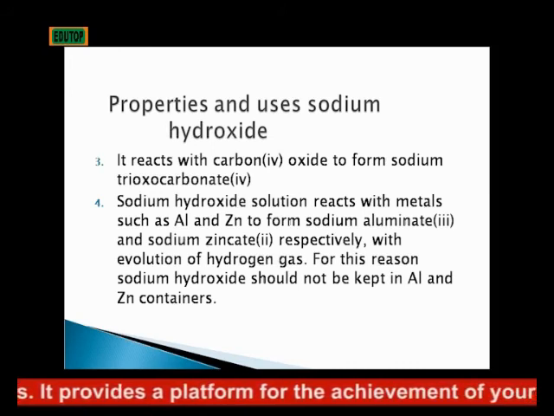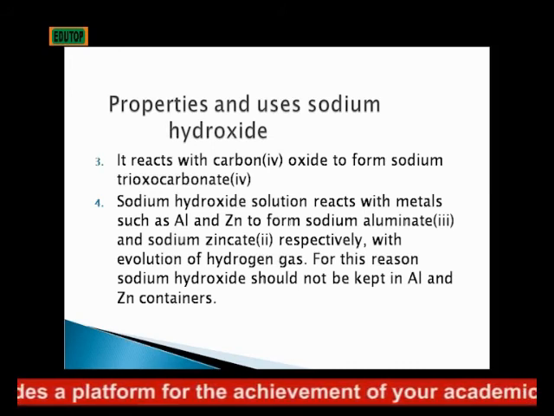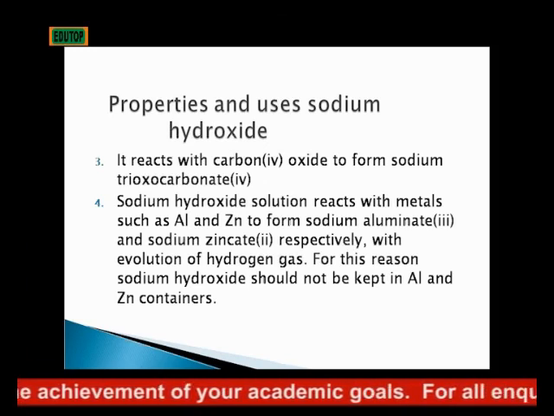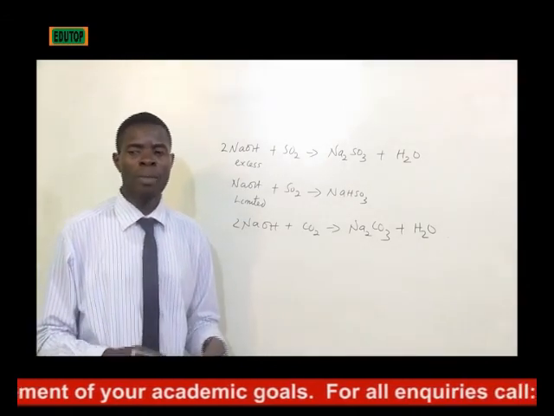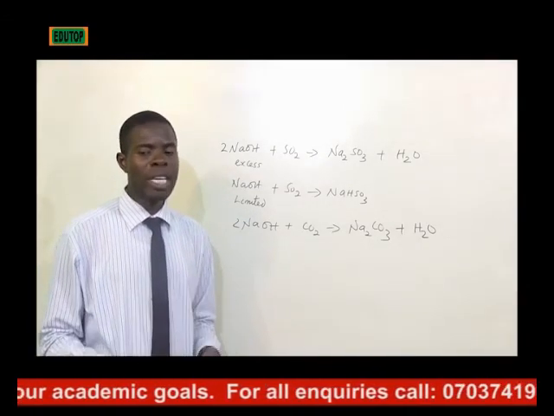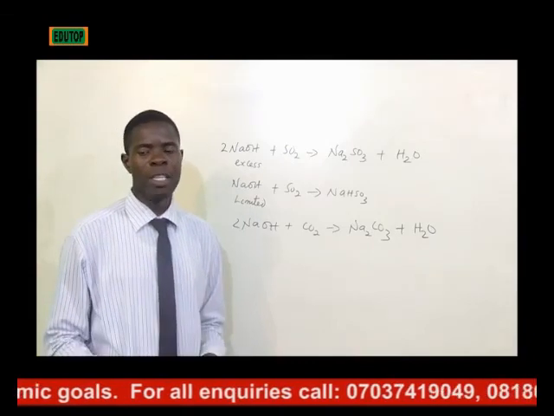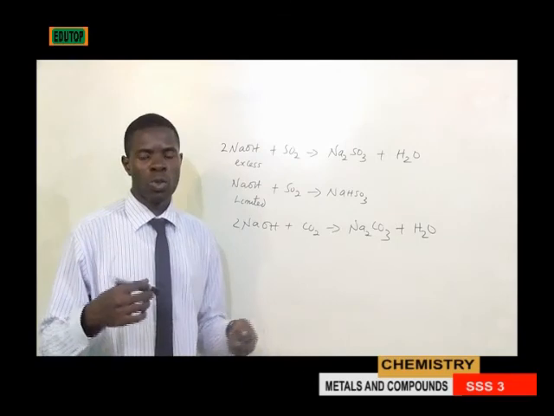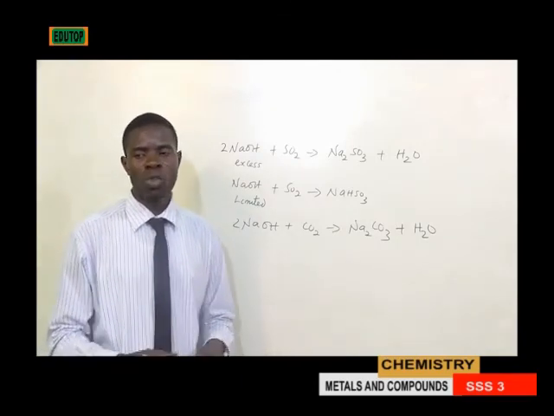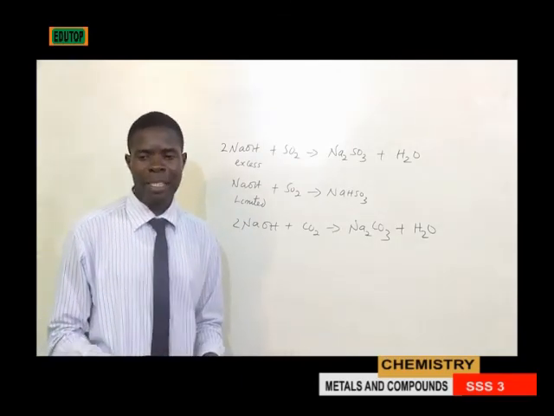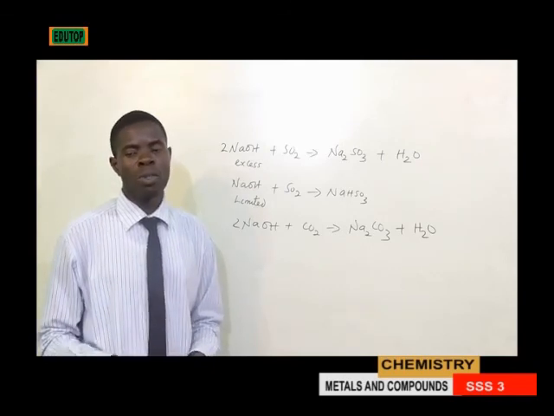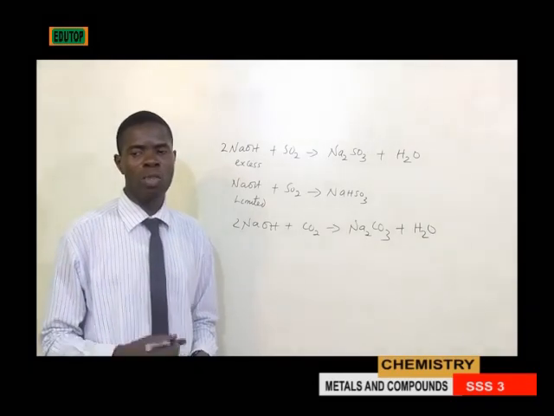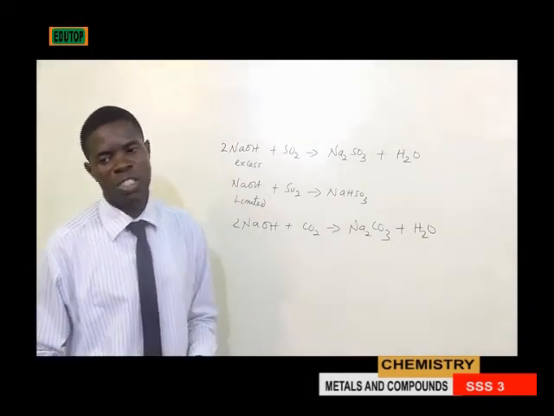For this reason, sodium hydroxide should not be kept in aluminium or zinc containers, because they form sodium aluminate in the case of aluminium, while in the case of zinc they form sodium zincate(II) complex.